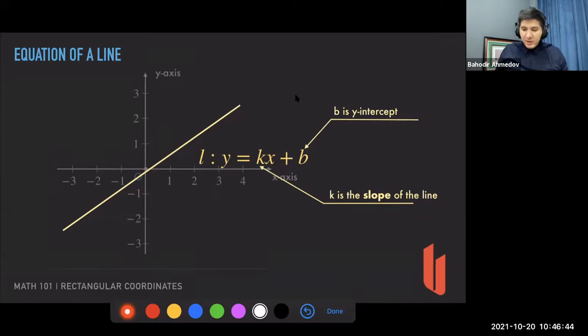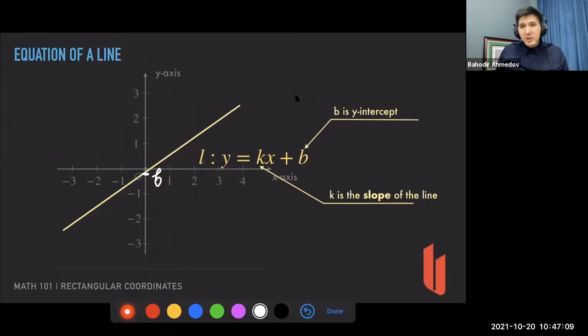The values of k go from -infinity to +infinity. It can be any value. And b is the y-intercept. It tells you where exactly on the y-axis your line is crossing it, if it crosses, if it is not a vertical line. So for example, if this line is crossing the y-axis here, this is going to be b.